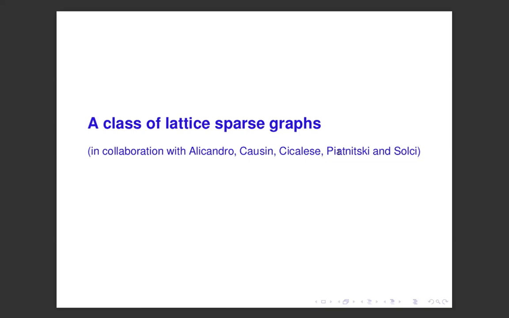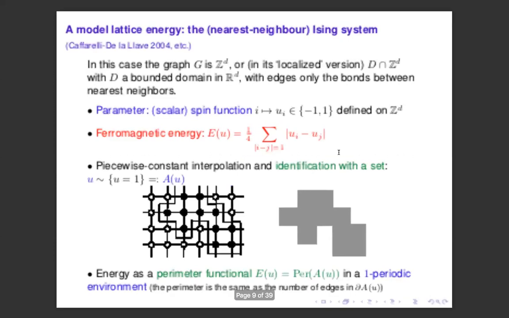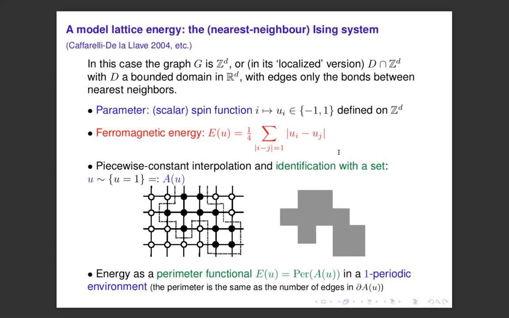When you consider lattice graphs, the model we have in mind is very simple and apparently has nothing to do with our problem. So the model is the Ising system. So the graph here is Z^d.